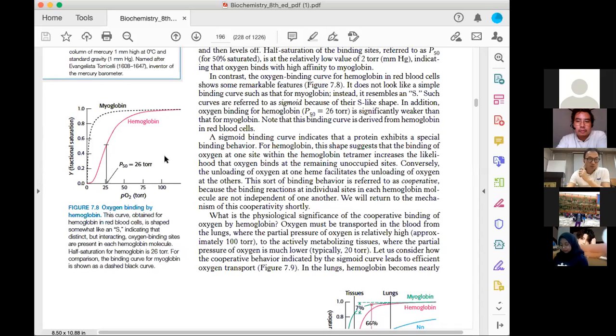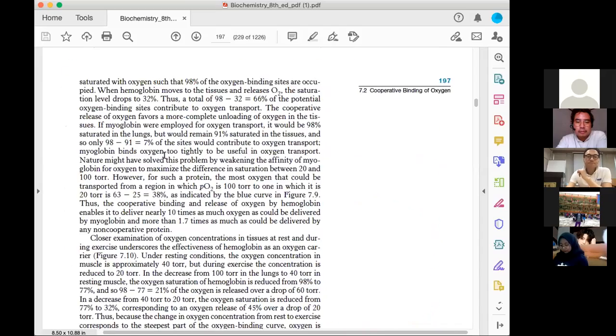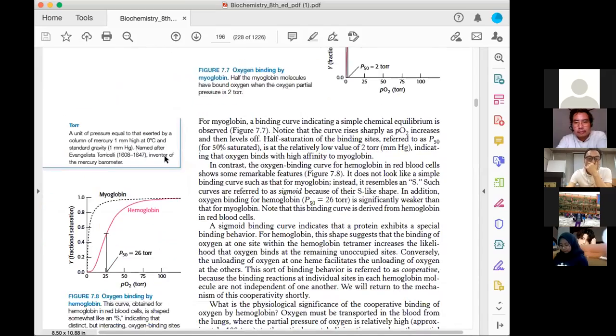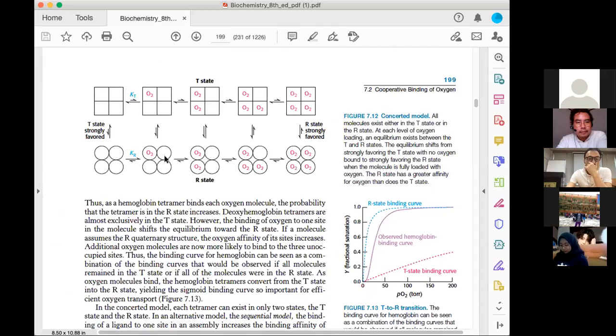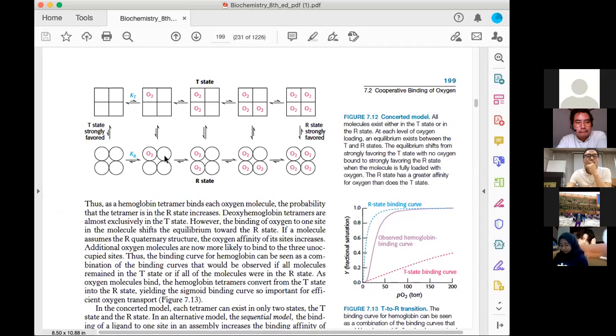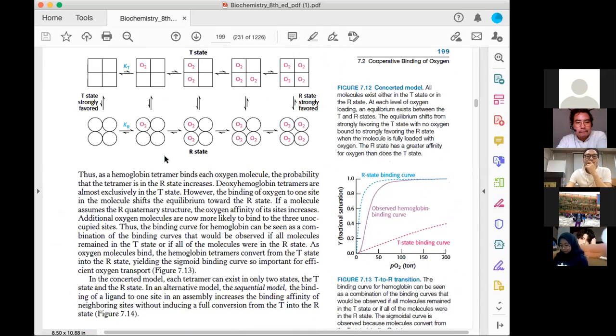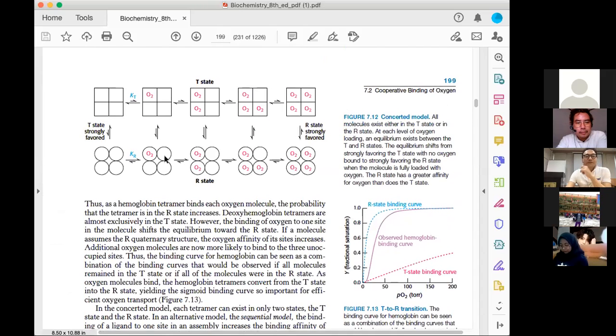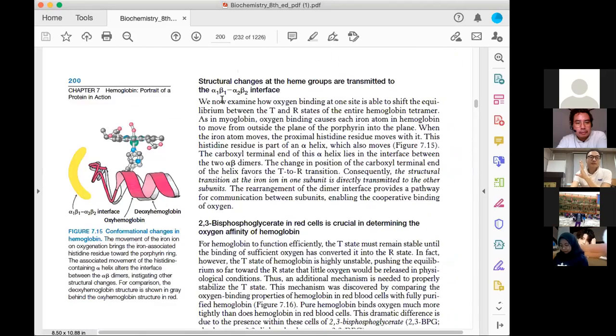What do you mean by cooperatively? Let me explain this for you. If you look at the graph right here, the T means, let me give you another example.